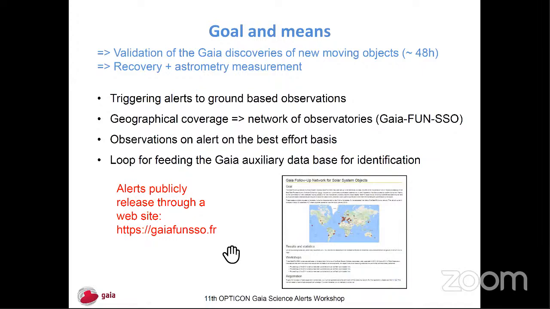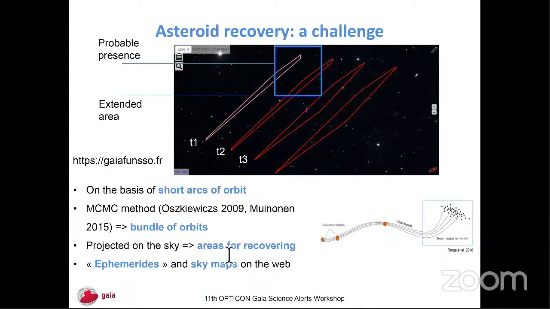And this server is accessible at this address. What is a challenge for the observer is to recover the asteroids from the ground, taking into account that we have a high parallax effect, and also that when we have the observations by Gaia, we have only a very short arc of orbit in order to build a preliminary orbit.